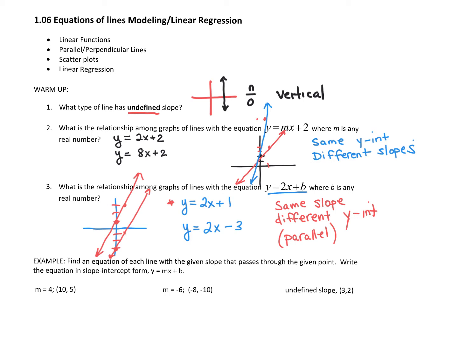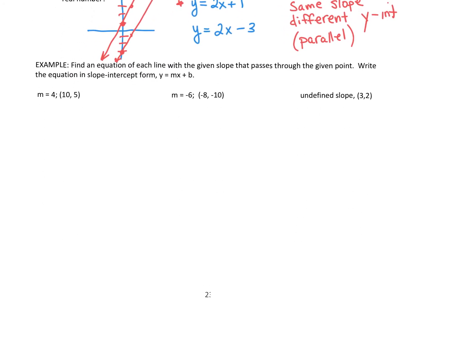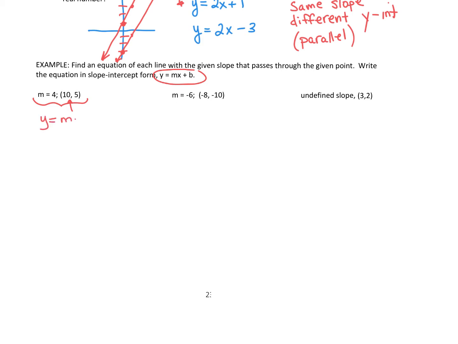Okay, so for our first example, we want to take a look at finding the equation of a line with a given slope that passes through a given point, and write it in the form y equals mx plus b. So in this particular case, we have the m, we have the slope, but we're not given an ordered pair that is the y-intercept. So we're going to use the form y equals mx plus b for this example, and we're going to plug in everything that we know.